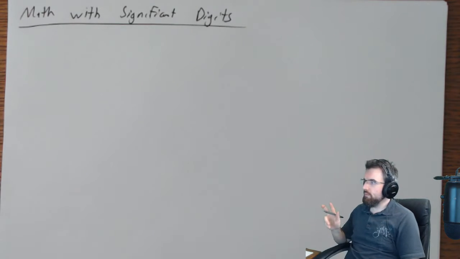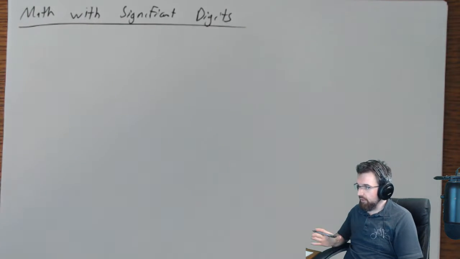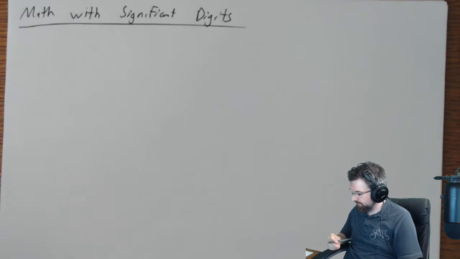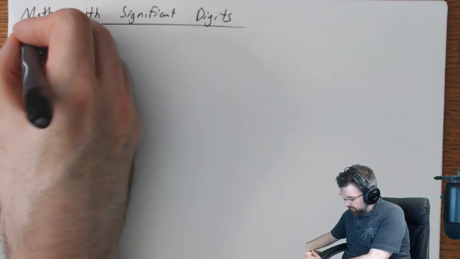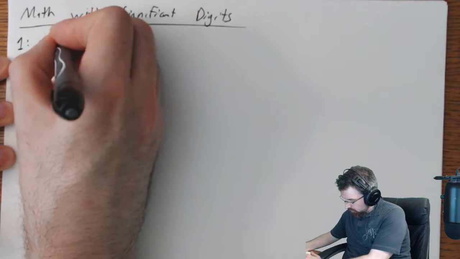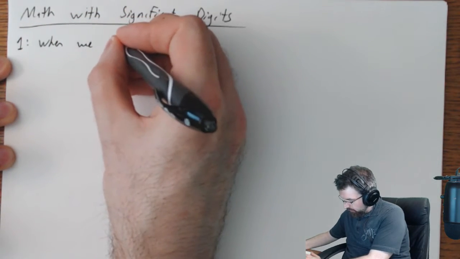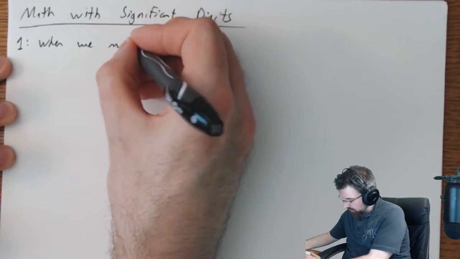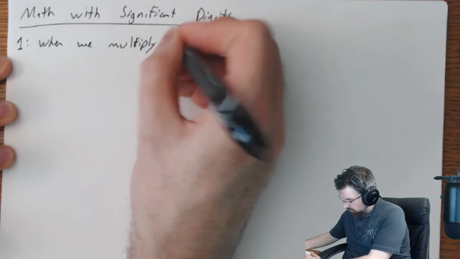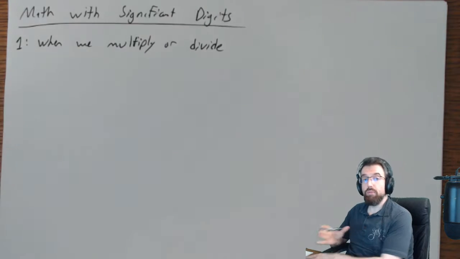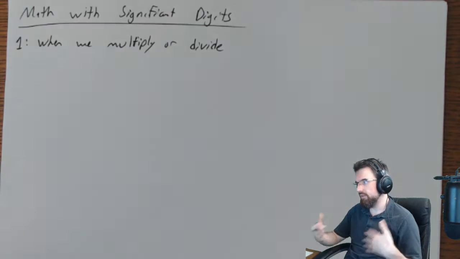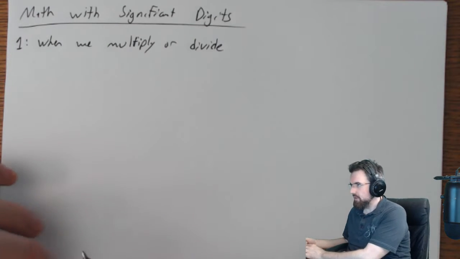Okay, so there's two basic rules that we have to do for math with significant digits. Number one, when we multiply, I'll do multiplying first because it's a bit simpler. When we multiply or divide, because of course, another aside, multiplication and division are the same operation, they're just inverses of each other.